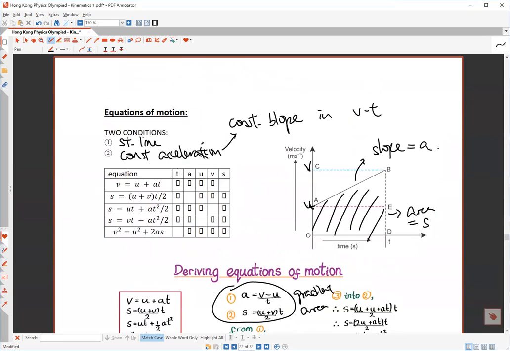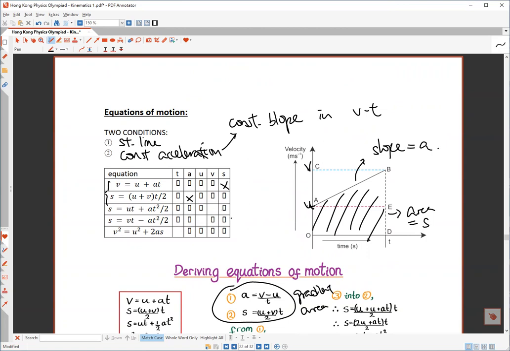So you can see that we have five quantities right now to describe the motion in these equations: time, acceleration, initial velocity, final velocity, and the displacement. If you look at the first two equations, this equation has no a, and this one has no s. So you can derive another three, in each of which one quantity is missing.